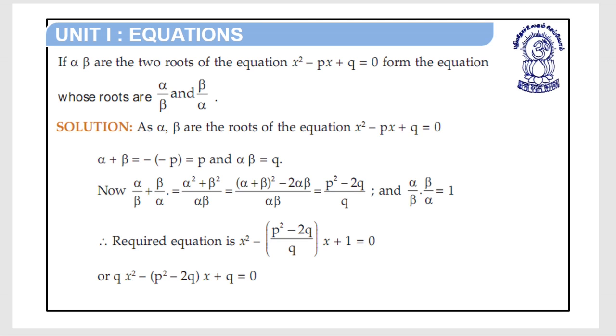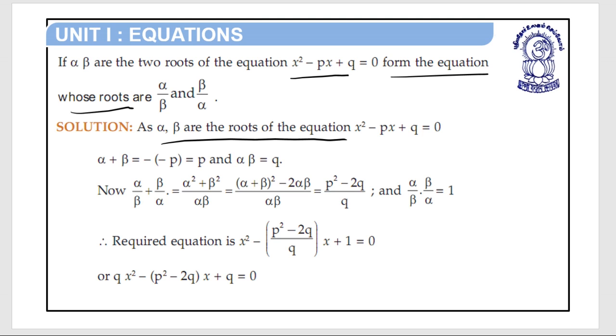Next, if alpha, beta are the two roots of the equation x square minus px plus q is equal to 0, form the equation whose roots are alpha by beta and beta by alpha.